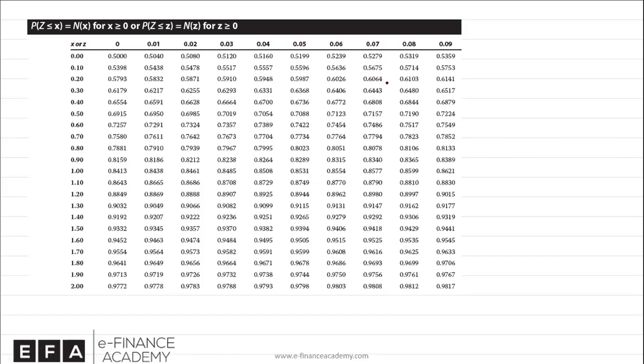So if it's 1.15, you will look for 1.1 here, and you will look for 5 from here, and this will be the probability if that is your score. Likewise, if the score was 1.55, you will read 1.5 from the first column and 5 from the first row. So that's going to be right here, right?